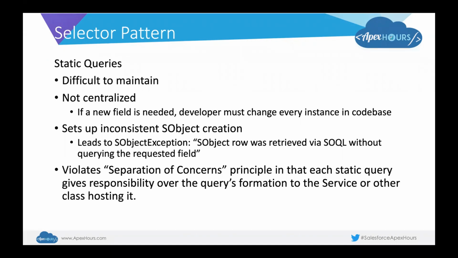And if you've done that kind of work, you always see this SObject exception: the SObject row was retrieved via SOQL without first querying the requested field. What that really means is you've queried this record from SOQL, but it doesn't have that custom field you were looking for, and when your Apex tries to access that custom field, it gets a problem.